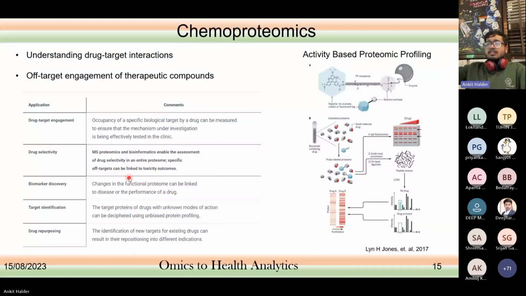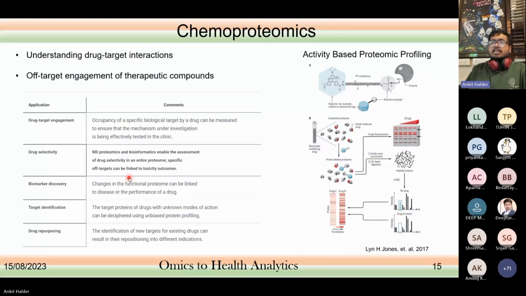So if your actual target molecule is blocked, but your drug is still going and attaching to another protein and showing a difference in the proteome, then it will definitely have some toxicity. Otherwise, we will have changes in the functional proteome that you can link to disease or drug performance, and the target proteins of drugs with unknown mode of action using unbiased protein profiling.